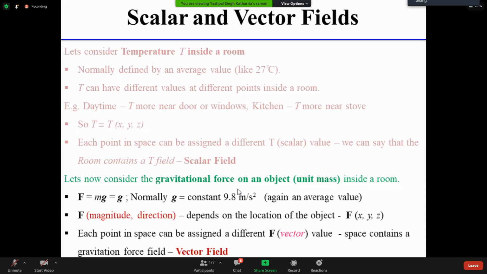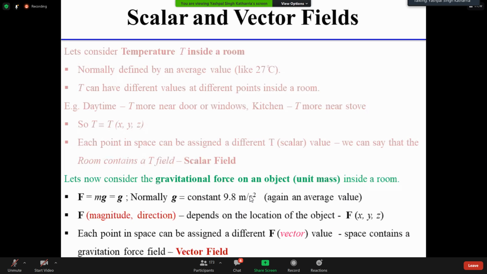You know that the gravitational force will be pointing towards the center of the Earth, and that is why if you move inside the room, then at every point there will be a slight change in the direction of the force, even if you are maintaining the same altitude.